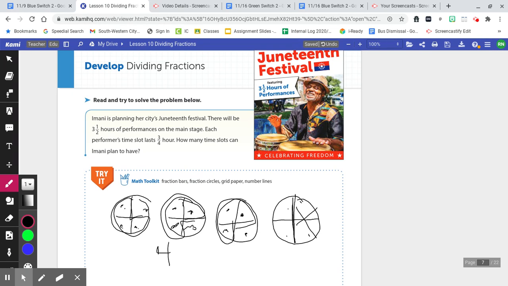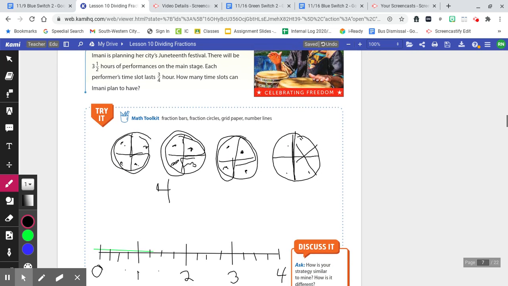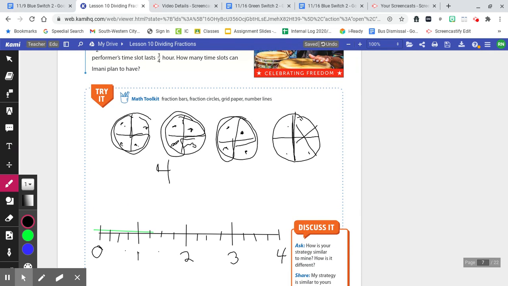I can do 4 time slots of 3/4, but I also have a remainder. So let's take a look at another way you could have done it. You could have done it on a number line, and I went ahead and drew my line, and let's say this is my 3.5 hours, and I want to see how many 3/4 I can get to that spot. So here's 1, 2, 3, 1, 2, 3, 1, 2, 3, 1, 2, 3.